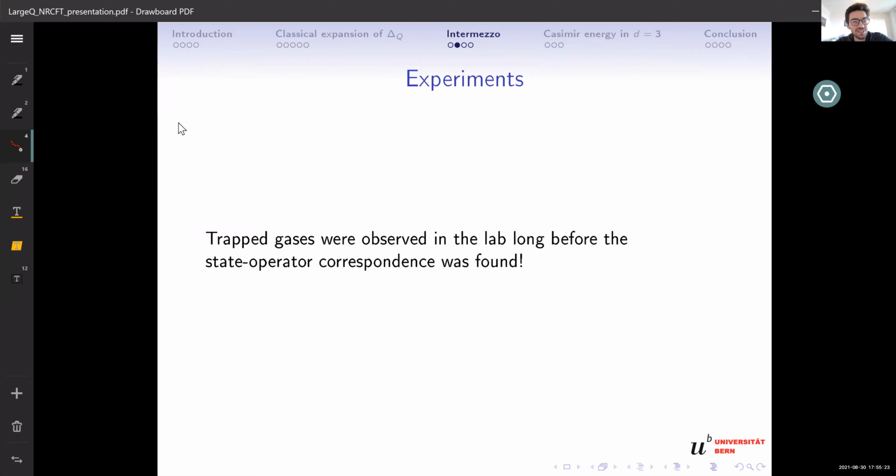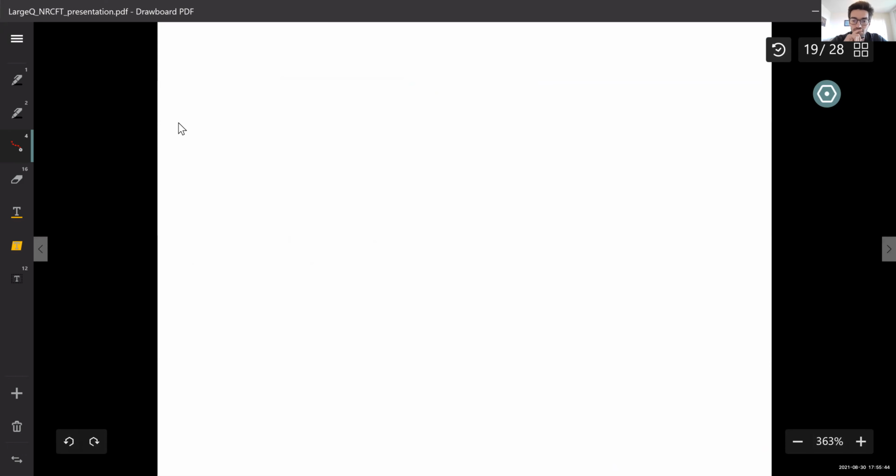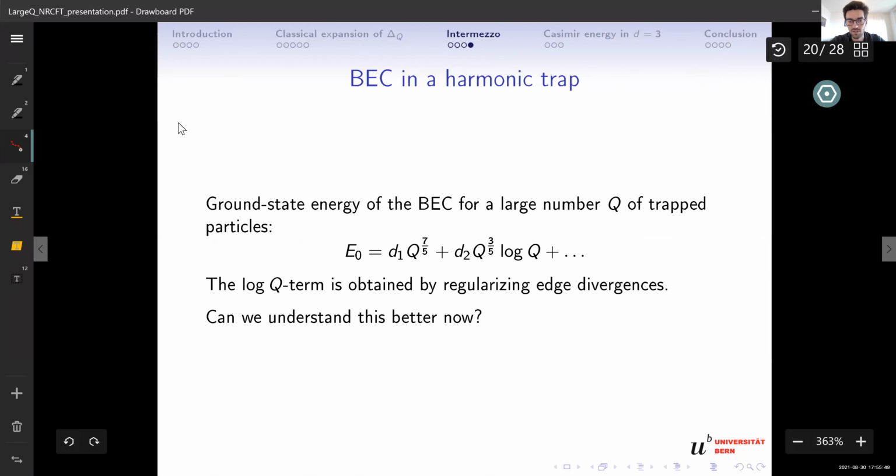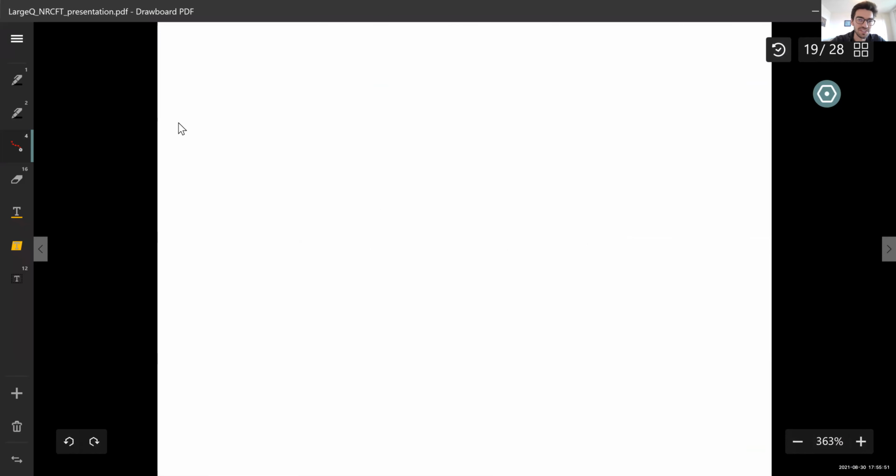Because people have been trapping particles in harmonic traps for decades, essentially. So even before we knew about the correspondence, right? So this is quite interesting that we have such a strong link between the energy spectrum that people have been measuring in the lab and things that we compute. And, oh, can you see? Oh, okay, there is a missing slide.